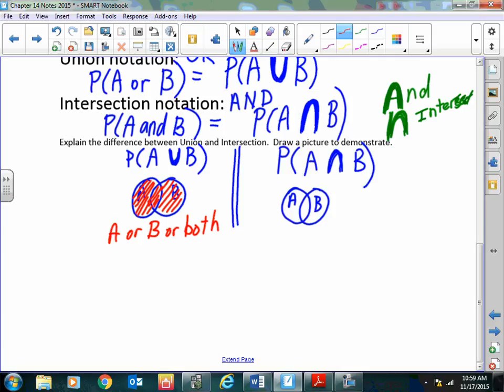But over here, where it's the intersection, I think you guys know that that is only the part that is both. All right. So that's usually kind of new. I think when we say or, we want to mean exclusively or, but it technically does include both as well.